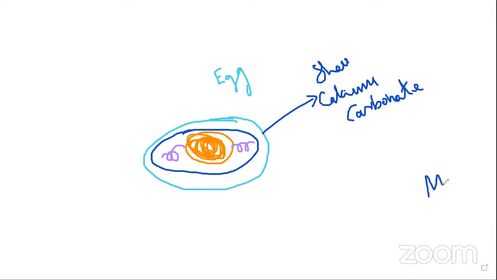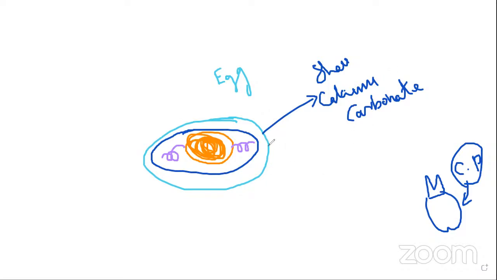Calcium phosphate is used for the teeth. Don't forget, my dear students. Calcium phosphate is essential for the formation of teeth and bone. But the outermost layer of the egg is made up of calcium carbonate.